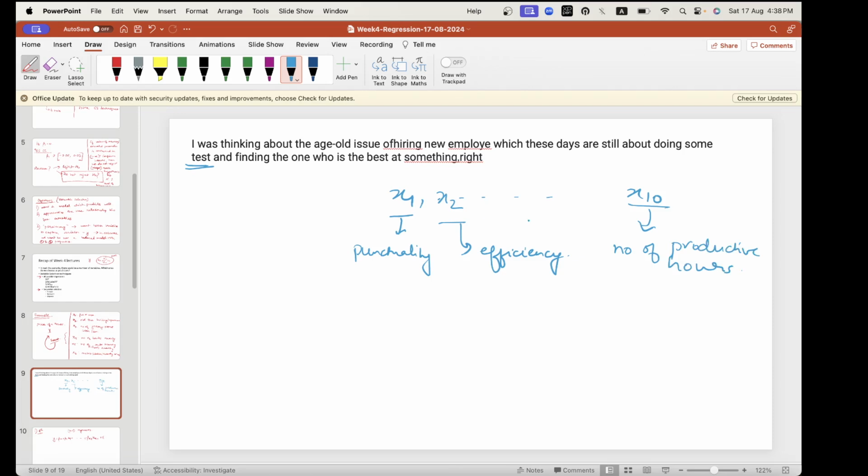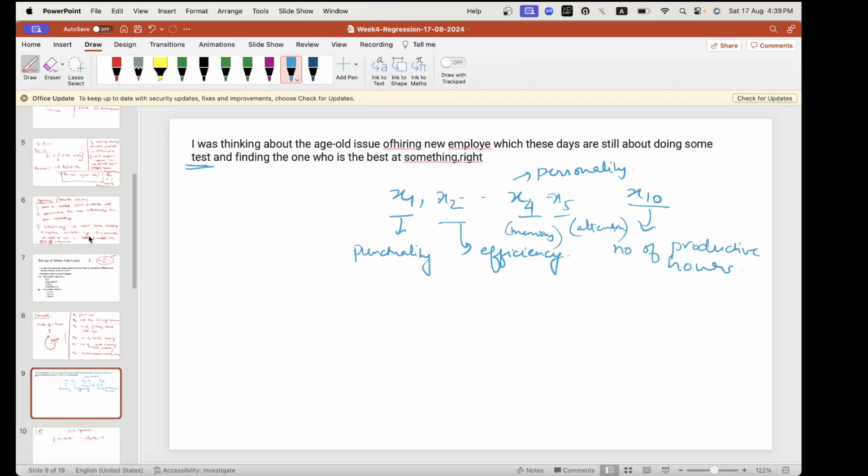You also have some other tests which assess your personality, x4, x5, so some personality related things. Let's say one is assessing your memory span, one is assessing your attention span.